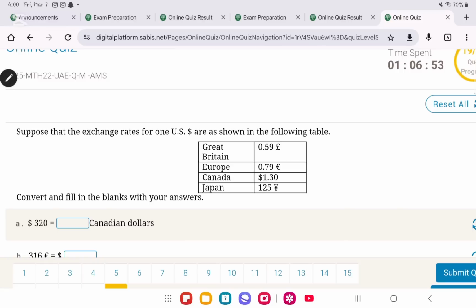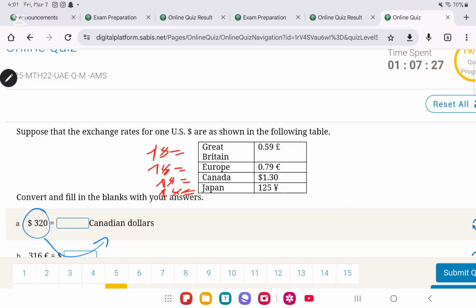They told us that $1 is equal to 0.59 pounds, $1 is equal to 0.79 euros, $1 is equal to 1.3 Canadian dollars, and $1 is equal to 125 yen in Japan. So they need us to find $320 in Canadian currency.